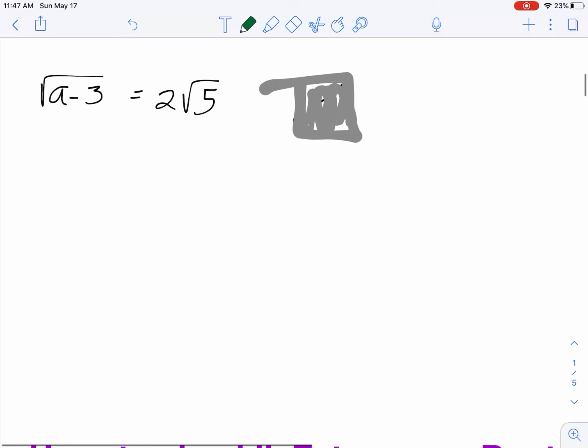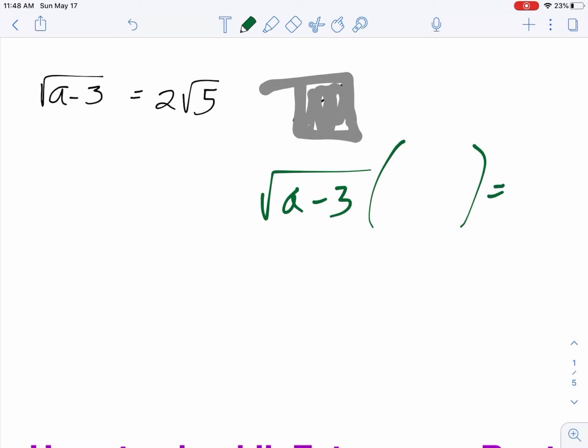All right, what's different about this one is that we have a variable inside our radical. So we can't hack into that radical sign around the a minus 3, so we've got to get rid of it somehow. How would I take the square root of a minus 3?